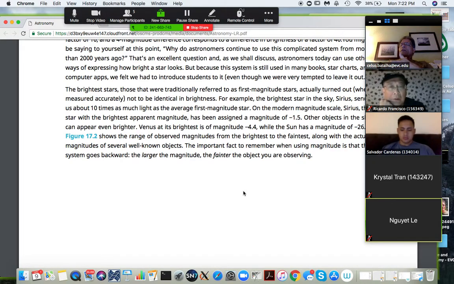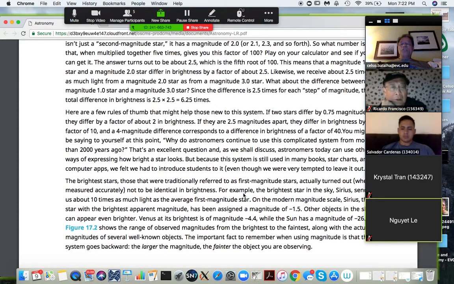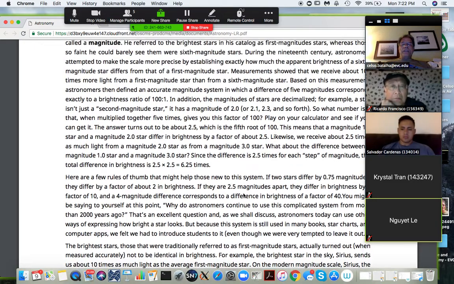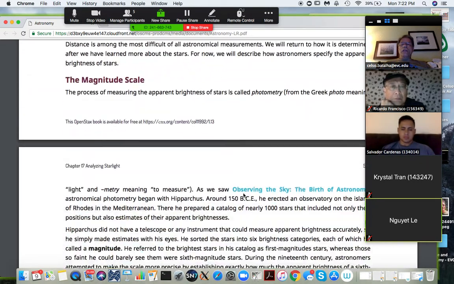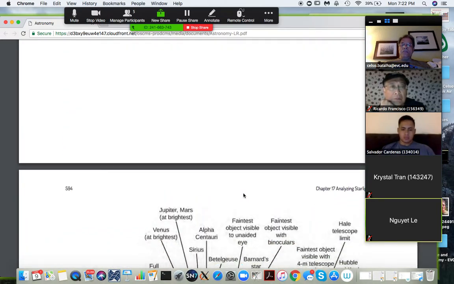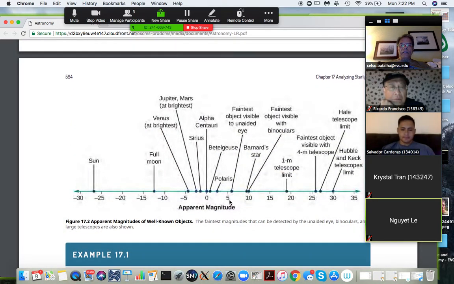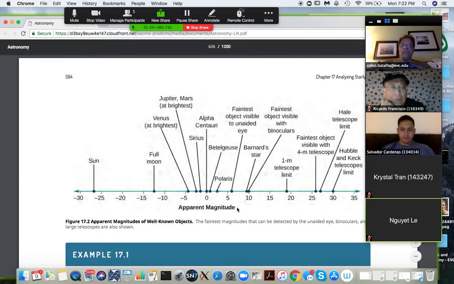I know no one uses logarithms anymore, but it was largely used in the 1800s, and we still have it. The magnitude is translated into numbers, and the numbers are readable. They are nice. So look at this.